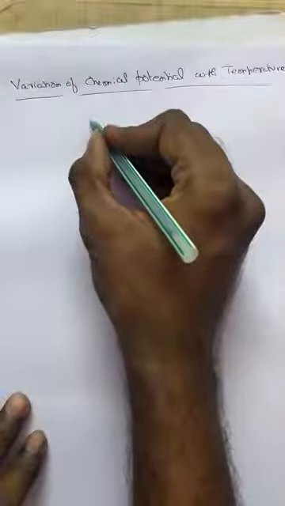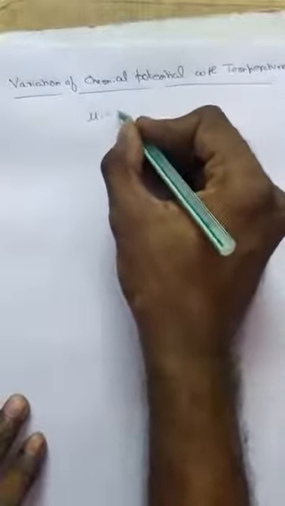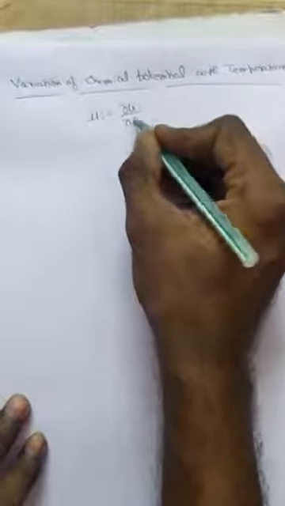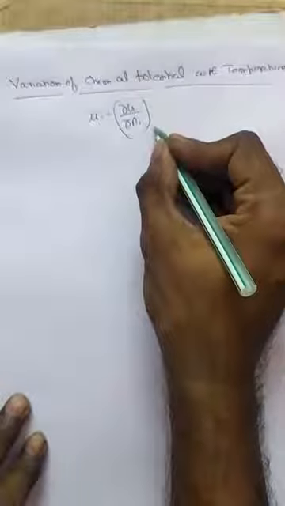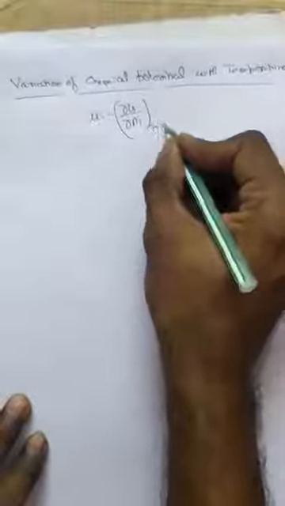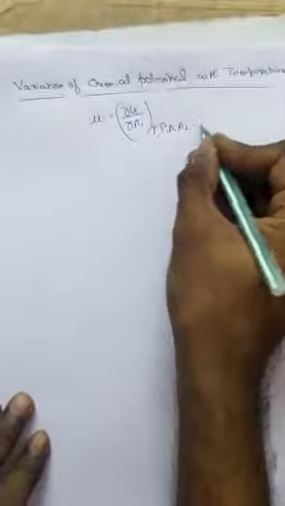So, we all know the chemical potential of the ith component, mu i, is nothing but ∂G/∂Ni at constant temperature, pressure, N1, N2 up to Nj.